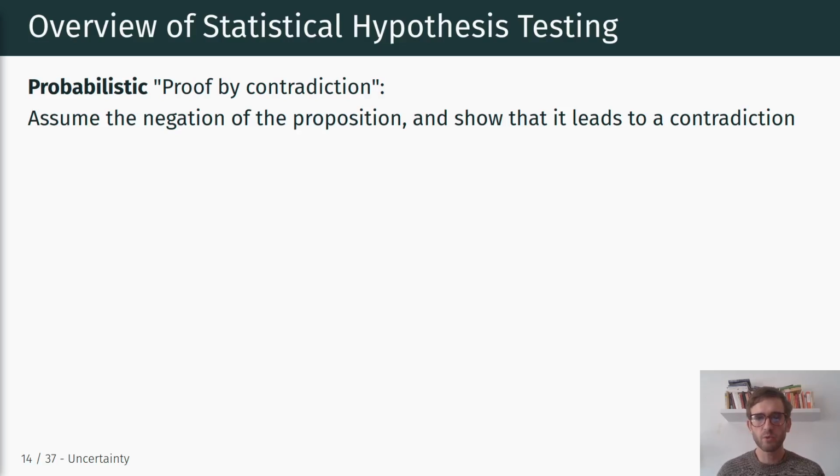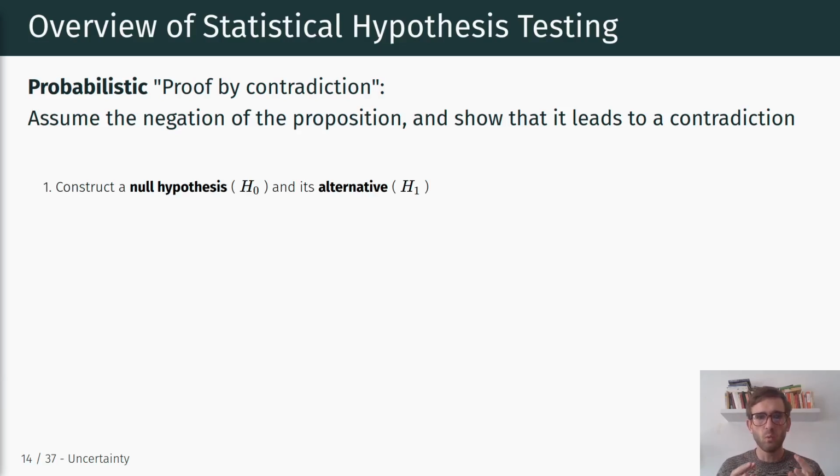Okay? So in other words, we're examining under a scenario where a given hypothesis would be true, how likely is it that we observe a given sample that we're observing, okay?